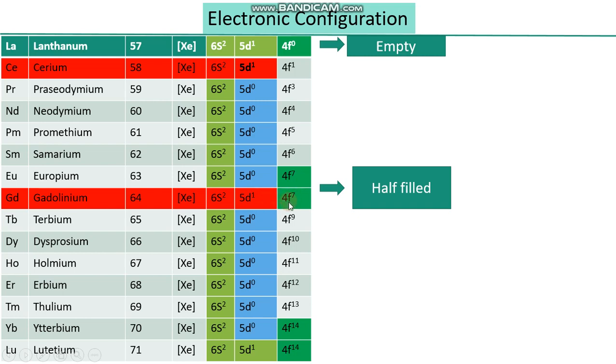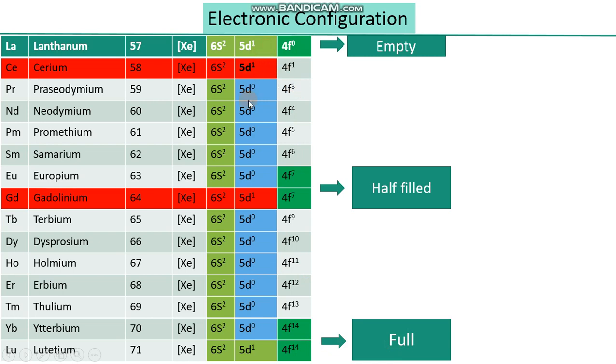Therefore, the system adopts the 4f7 electronic configuration, not 4f8. And at the end, there are two systems which are 4f14, which are completely filled, and again they are stable. So, on the basis of these stable electronic configurations, the violation, if any, can be explained.